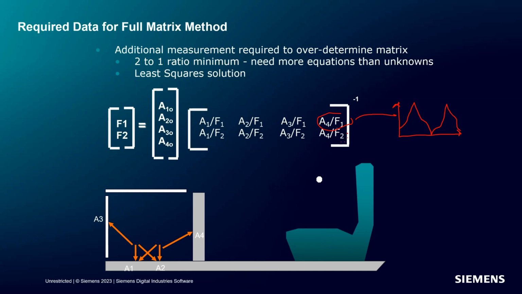But if I have this other FRF and I plot that on here, it might have a peak where the other one goes to zero. And thus the overall condition of this matrix is good, so that I don't get infinite forces, because I'm not relying on just one of these two measurements to determine the forces.